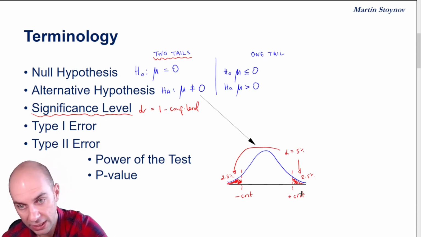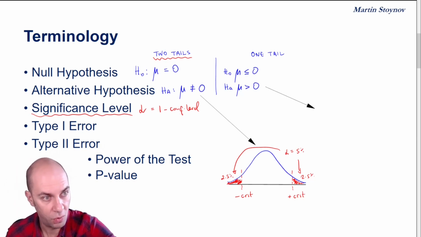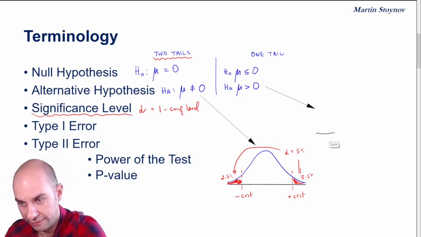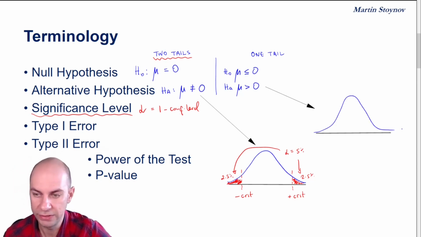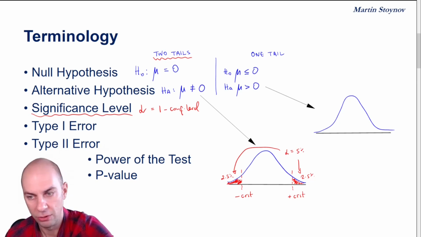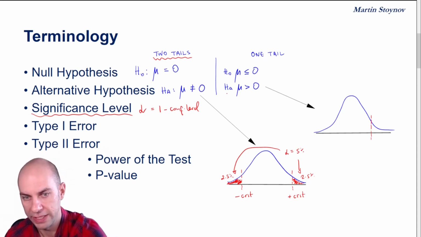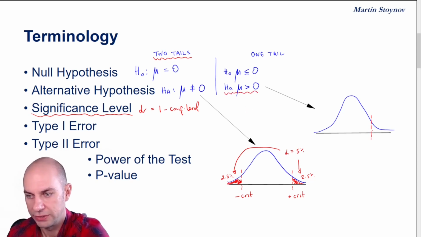Now, if on the other hand, I were performing a one-tail test. Now let's have another distro here. Okay, so if it's a one-tail test, then perhaps I only consider the tail to the right. In this case, the alternative tells me which tail I'm interested in. So I'm interested in the tail to the right.